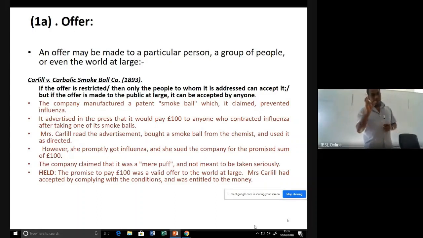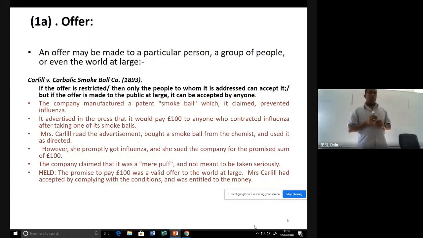And it has some terms. What are the terms? The price is mentioned. My intention to sell this pen is mentioned. And it is a promise addressed to Kamal, which is capable of acceptance. Kamal can accept. So it is an offer.